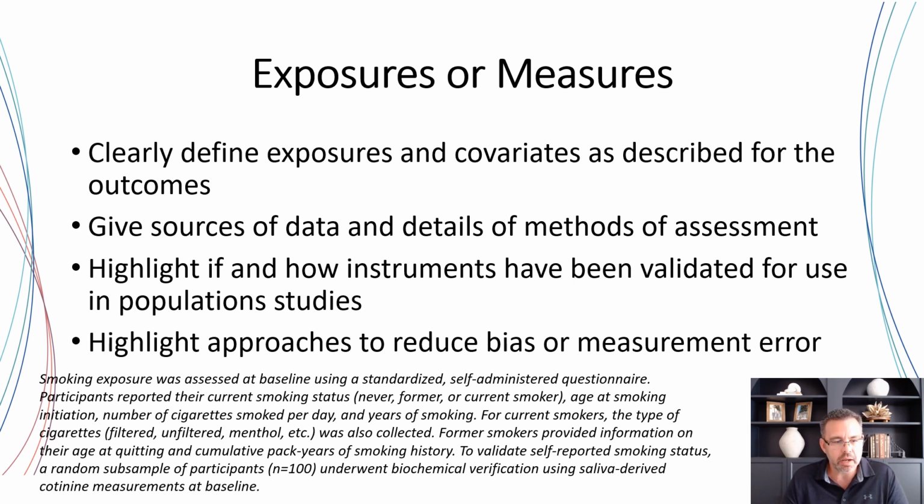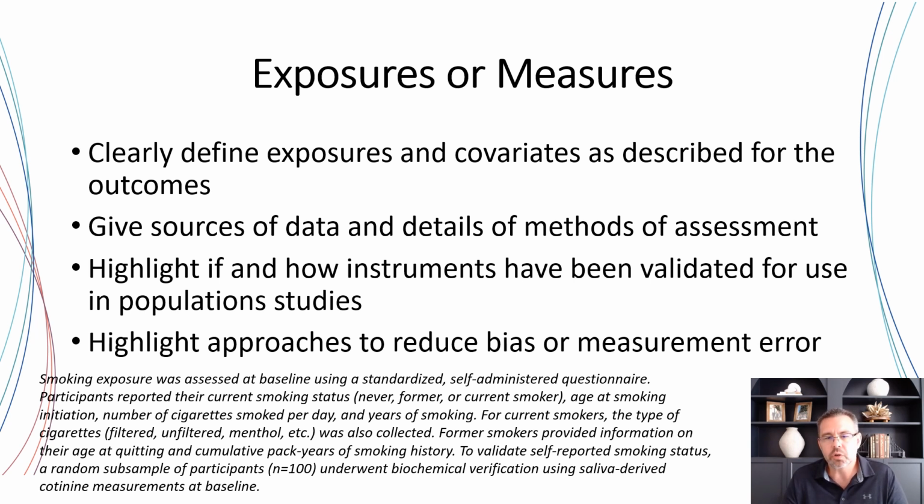So that's generally my approach or thinking on the topic: if I'm using information from a well-defined data source or using a well-defined instrument to collect this information, it probably requires a little bit less information and space in the method section. But if I'm doing something novel or for the first time, then I really want to provide a detailed description of how we went about measuring and using that information.